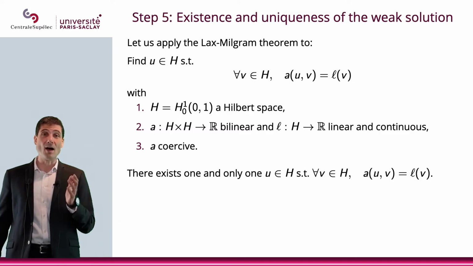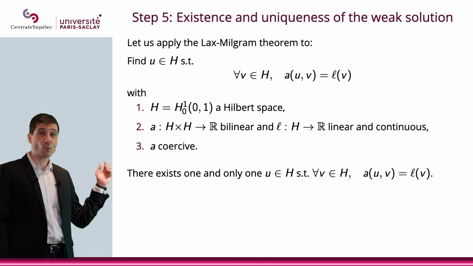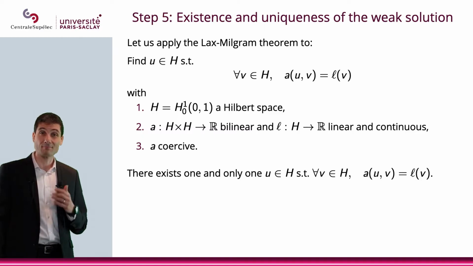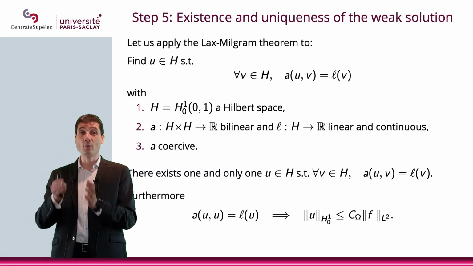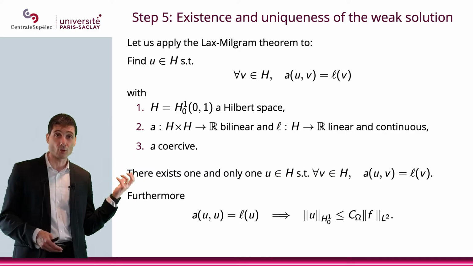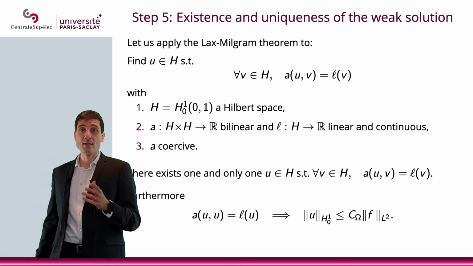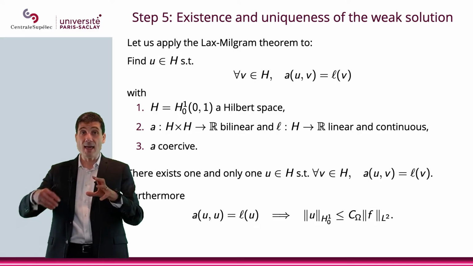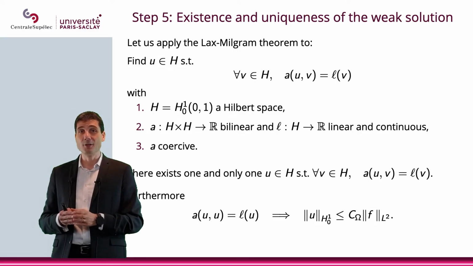There exists one and only one solution u in H such that this equation is satisfied. And on top of this, a(u,u) equals L(u), which implies that the norm of u in H¹₀ is bounded by a constant times the L² norm of f.